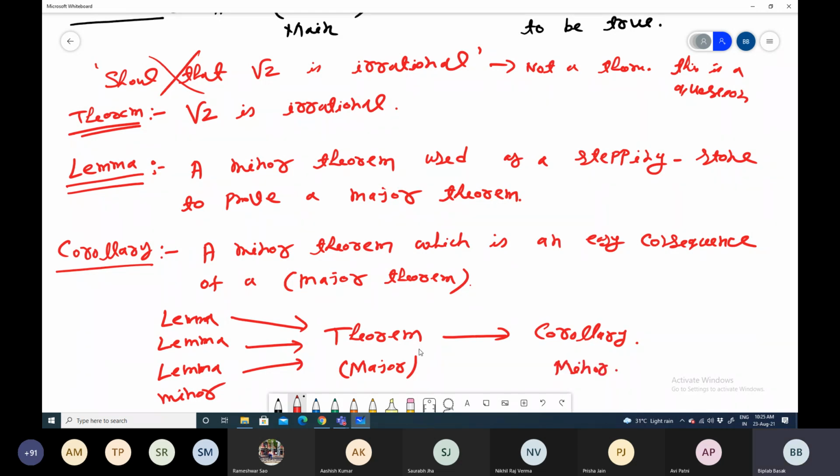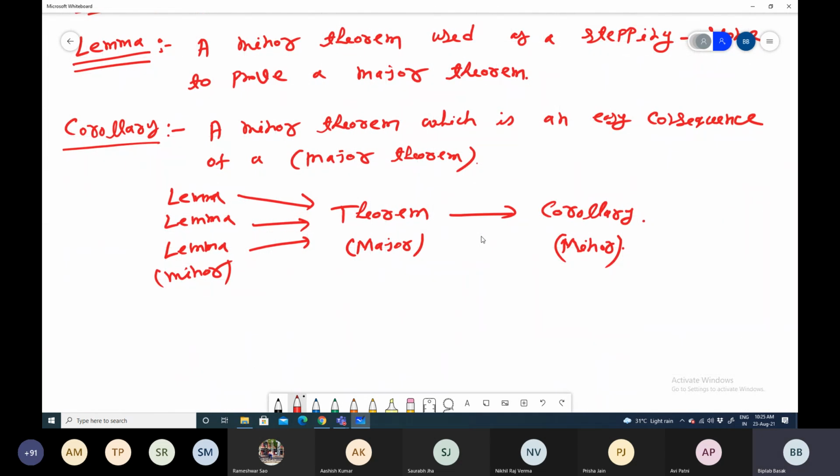Okay, so the theorem is the major result, and corollary and lemmas are the minor results. So generally lemmas are used to prove a theorem, and a corollary is a consequence of theorems. So these are the differences between theorem, lemma, and corollary.